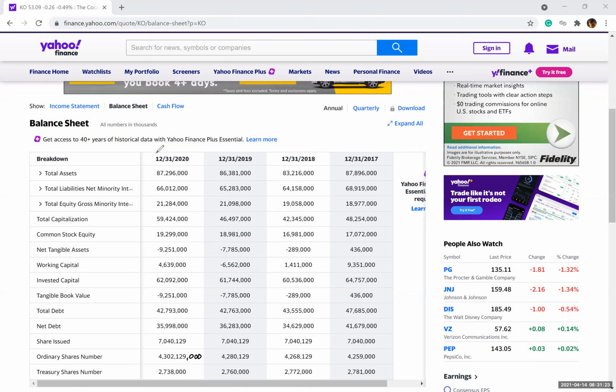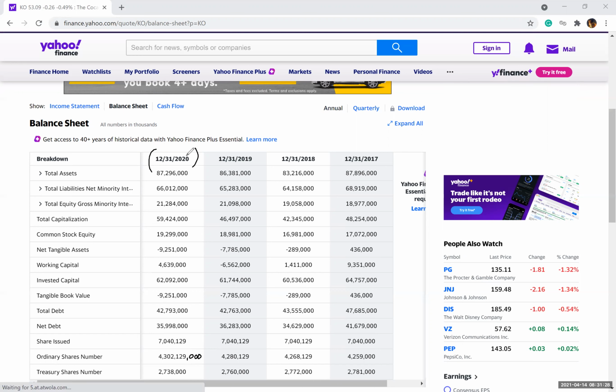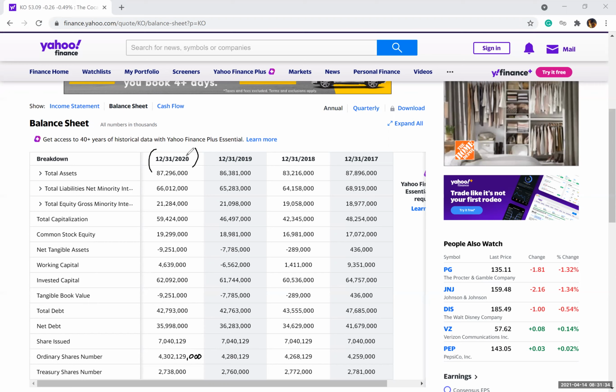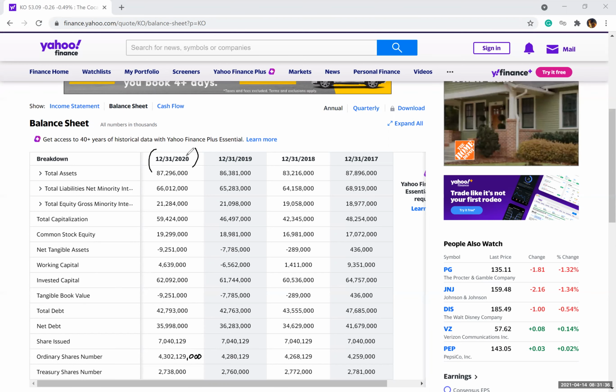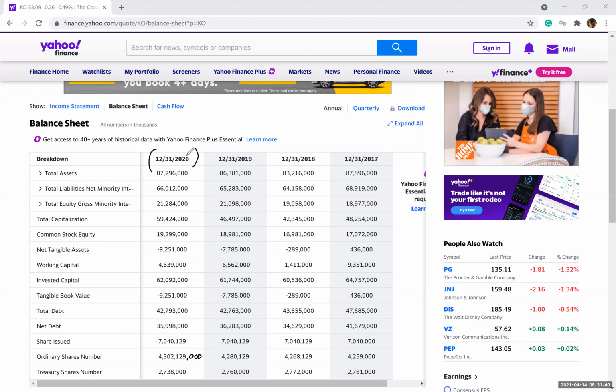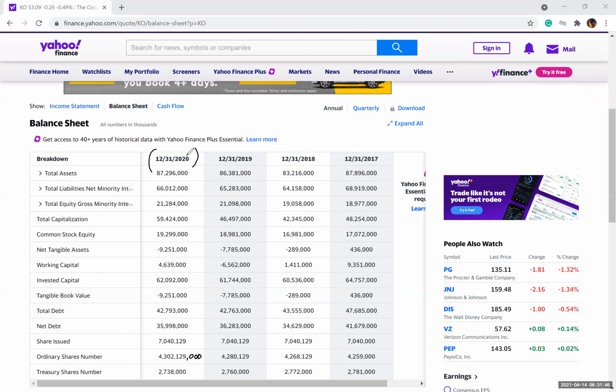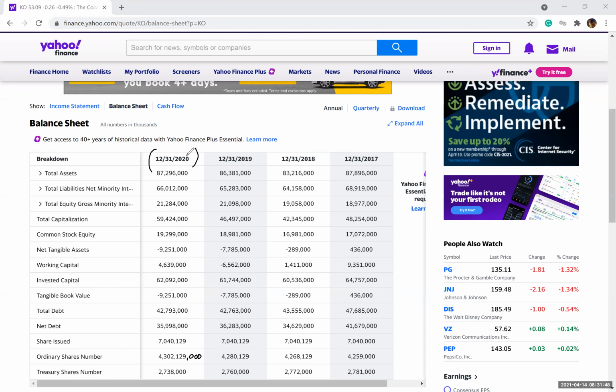This is as of 12/31/2020. So obviously there's been some share buybacks, it looks like, or the number of shares outstanding has decreased a little bit because we calculated 4.309. The actual ordinary shares is lower than that. So there's been some adjustments since this is data that's four months old at this point. So no surprise that it's a little bit off.